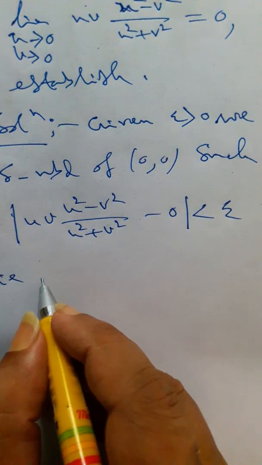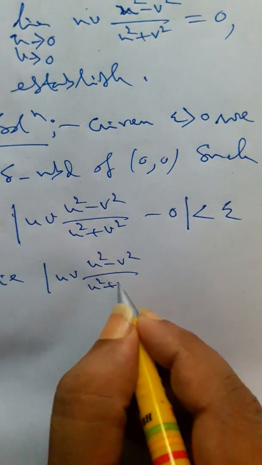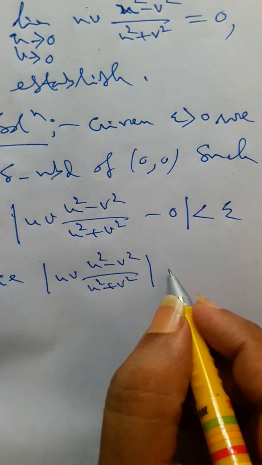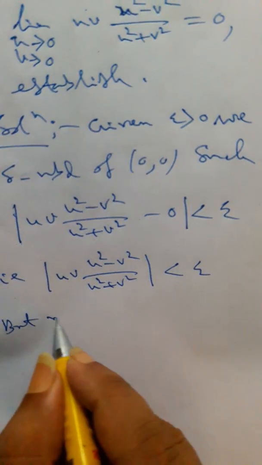That is, mod of uv (u square minus v square) by (u square plus v square) is less than epsilon.